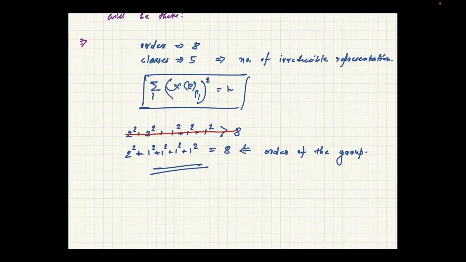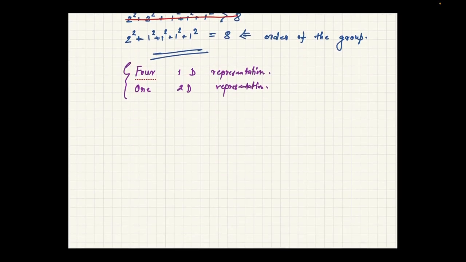So the answer will be 4 1D representations and 1 2D representation. So this should be the answer.